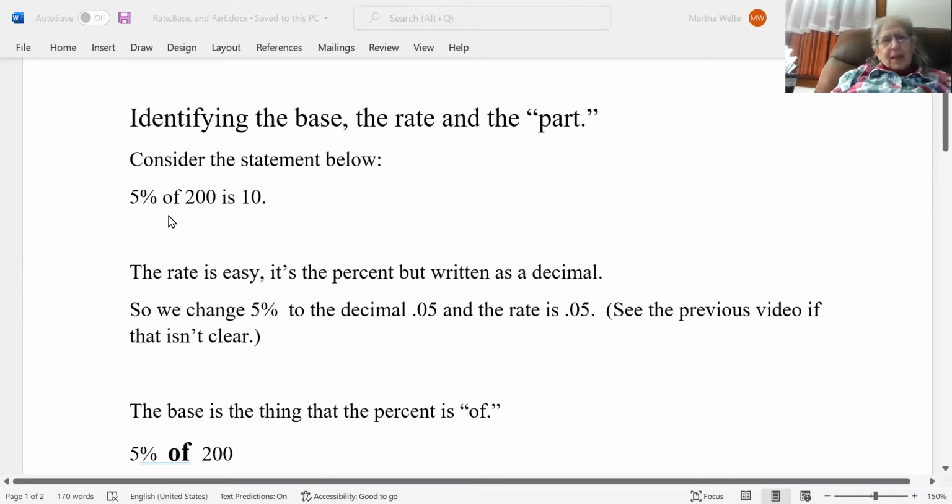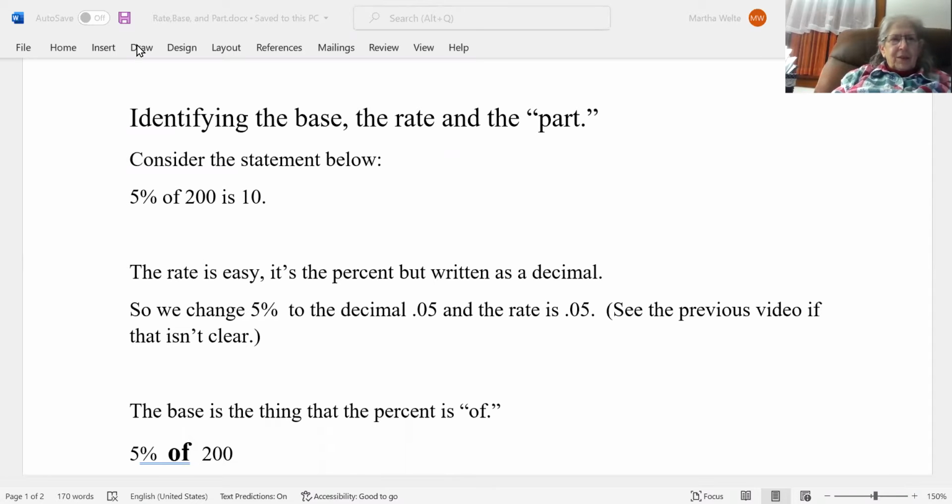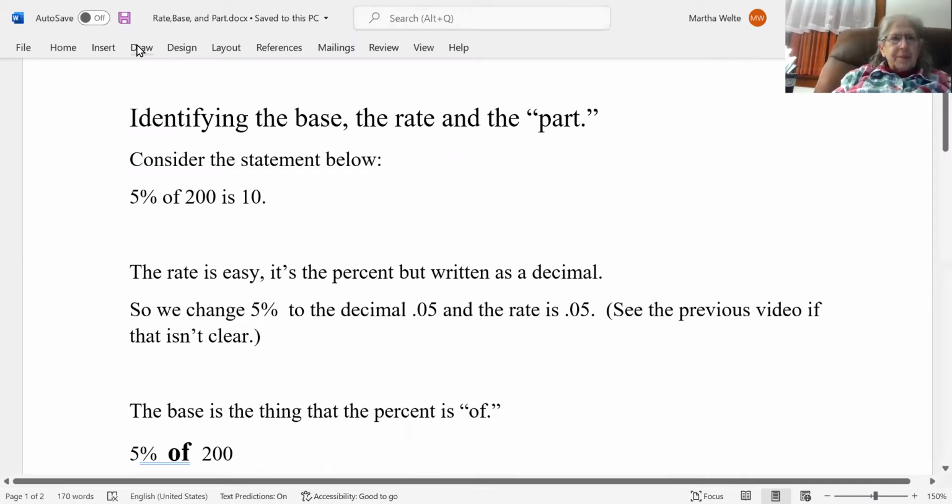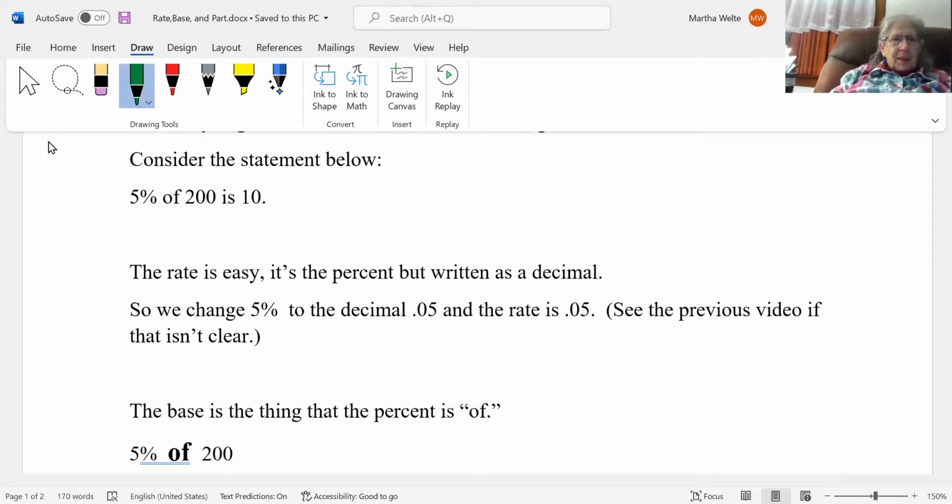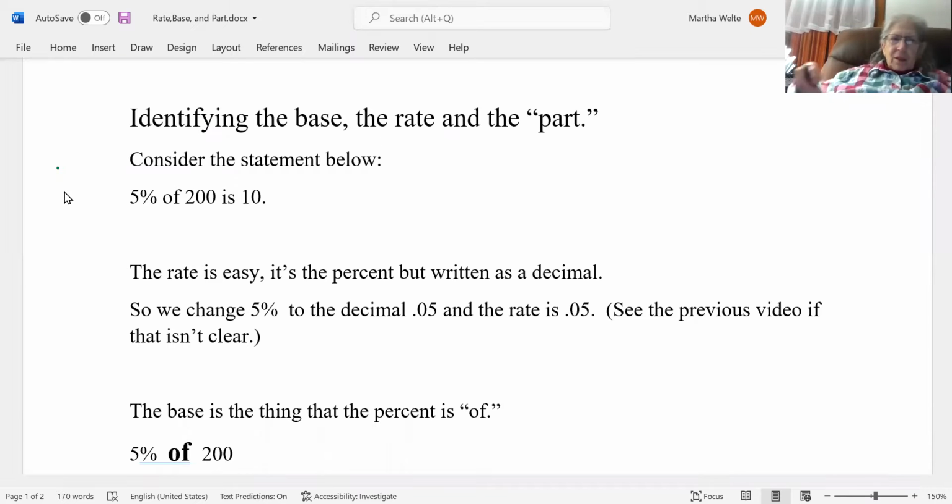If we have 5% of 200 is 10, which is true, we have to identify what the various parts are. And I recommend that you actually write down the words rate, base, and part.